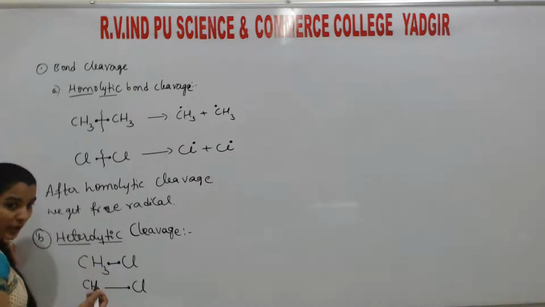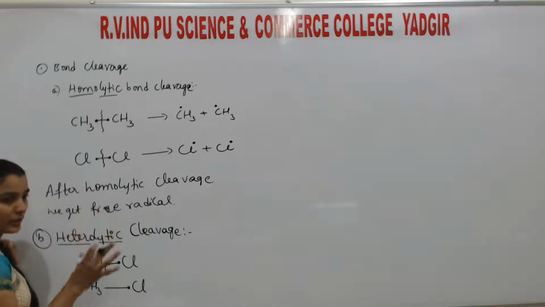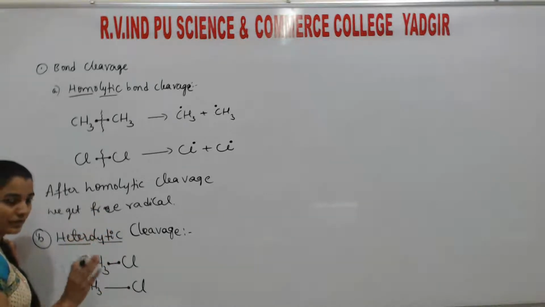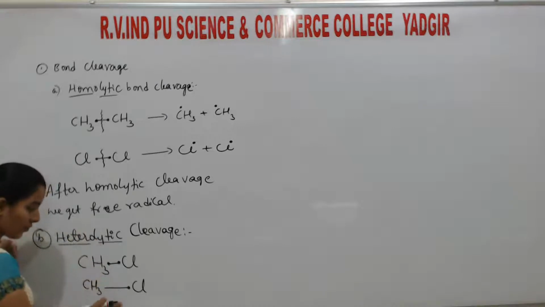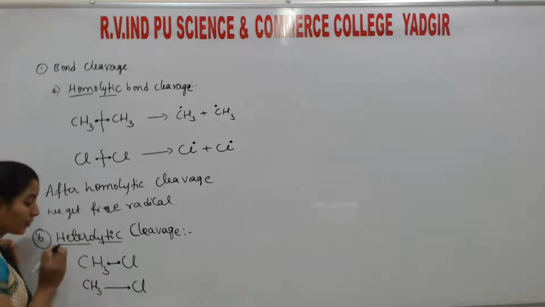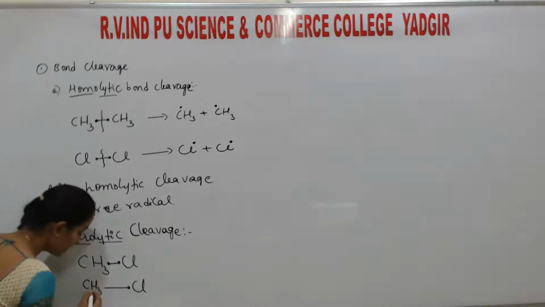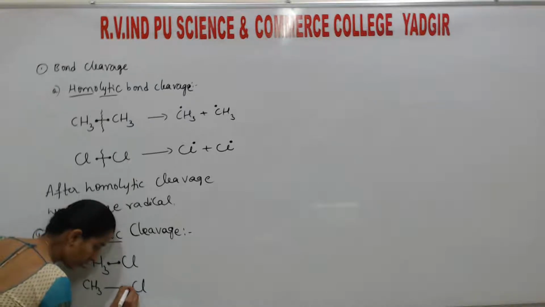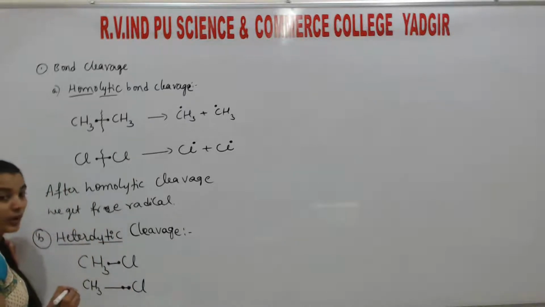In any spectroscopy, for observing this type of compound, we use a special type of device called a spectrometer. When we observe the spectrum, the electron of carbon seems to be near chlorine. Why?